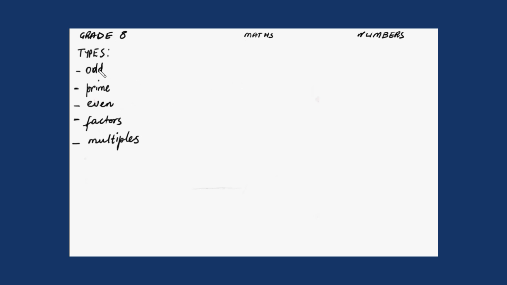So let's say for odd numbers we have set O. We will have odd numbers, let's say we will have 1 as an odd number.